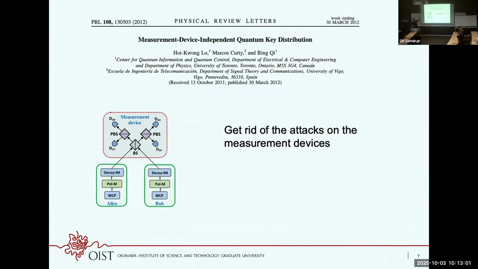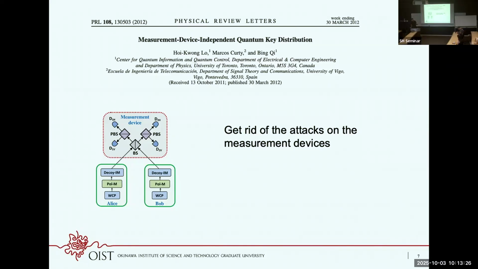And Eve, you remember, was the eavesdropper in the middle. She can exploit these imperfections and inefficiencies of the devices to extract some information about the key. She can use this information, and in this way the implementation will not be secure anymore.